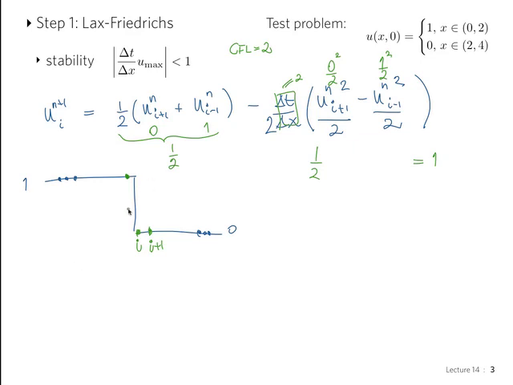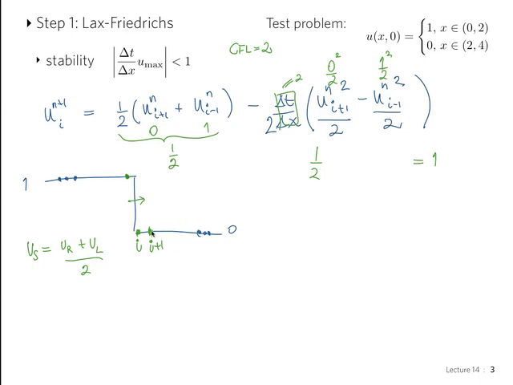In the meantime, at the next time step, the shock has moved to the right, and the shock is moving. For your information, the shock conditions are that the velocity of the shock is equal to the average of u right plus u left. So the shock is moving at the velocity of 1/2. Our CFL is equal to 2, so the shock has just moved past delta x.